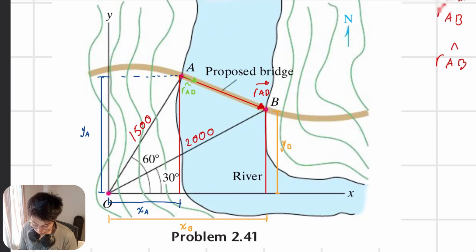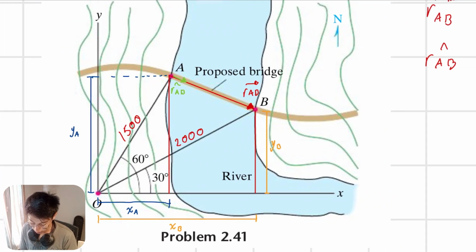Right, let me check if there is some other kind of way in which we can solve this exercise easily. I don't think there is.